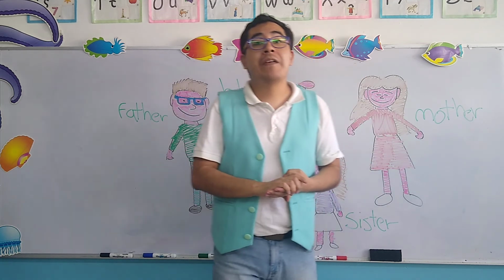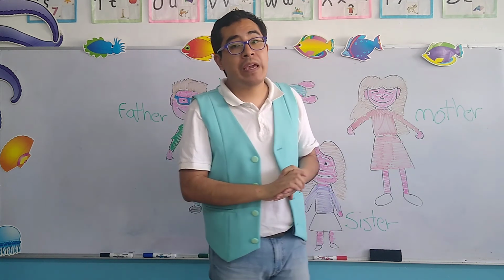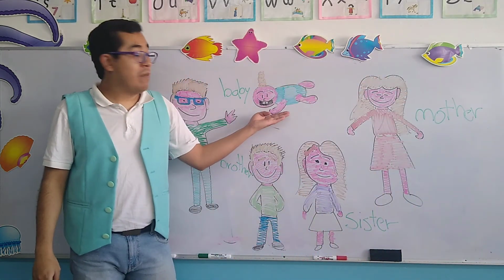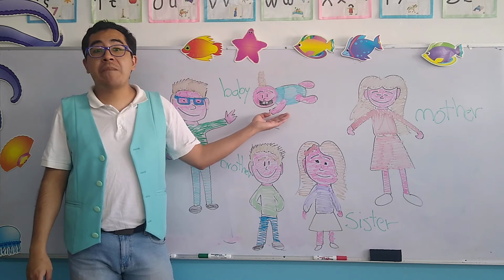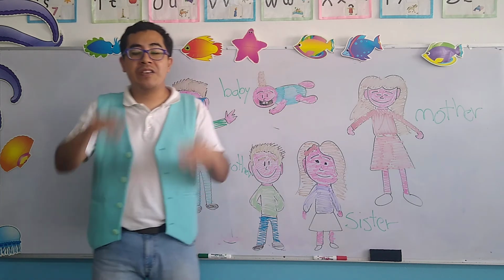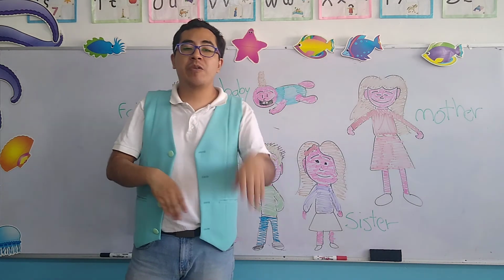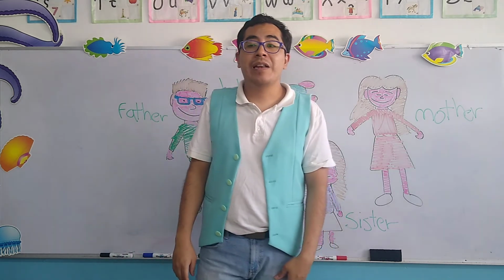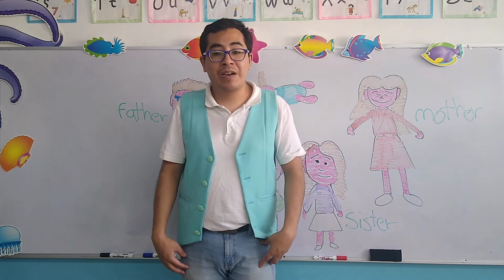Now, the last member of the family is, of course, the little one, the baby. Now remember, the baby is a person that is very small and it barely walks. It's starting to learn how to walk and está el que empieza a caminar, el que está aprendiendo a caminar.